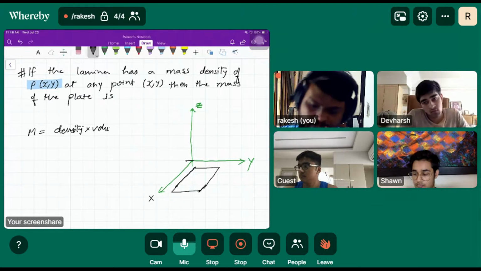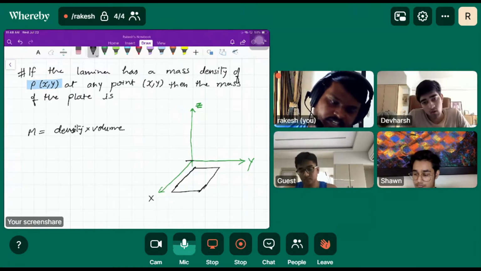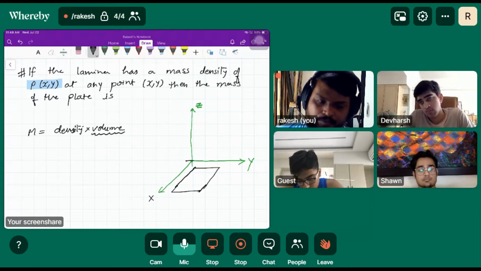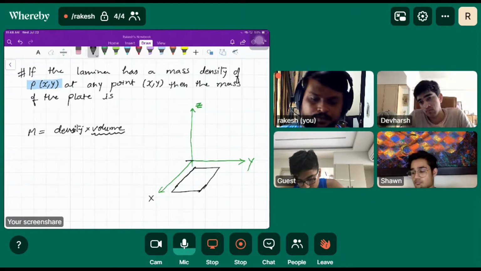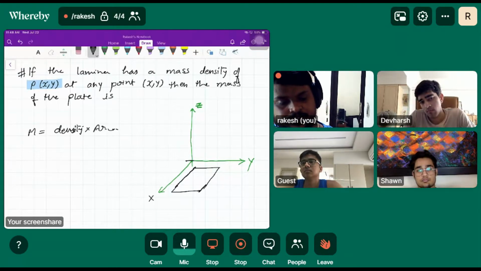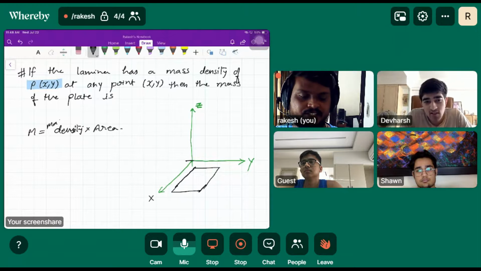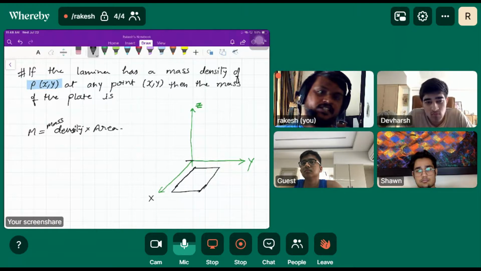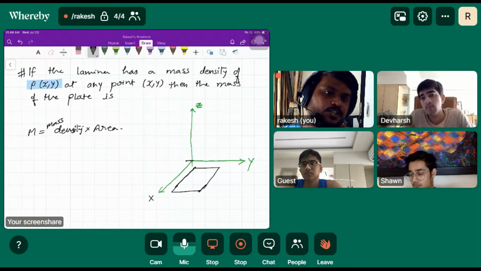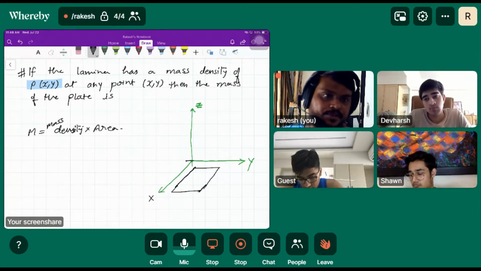Okay, so this will give us mass density into volume. And what is volume? No, density into area. This is mass density. So mass is equal to mass density into area, right?